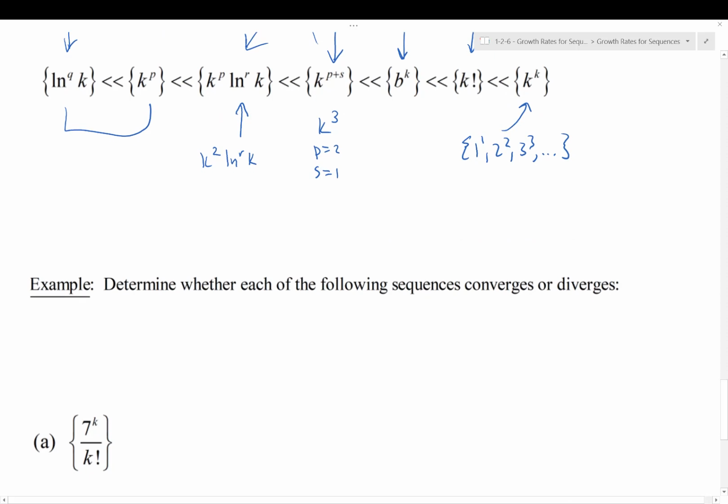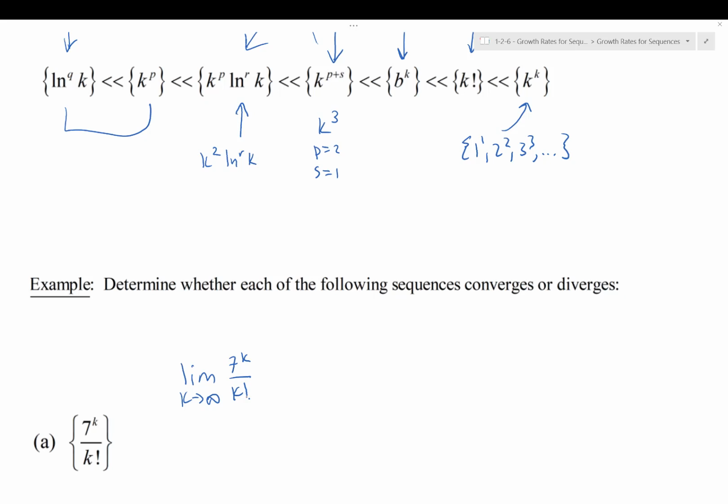What if you had a sequence, 7 to the k over k factorial? We ask, does that sequence converge or diverge? In other words, we're trying to figure out the limit as k goes to infinity of 7 to the k over k factorial. Well, we just wrote above, k factorial is one of the fastest growing of them all, right? The only thing that grows faster than that is k to the k.